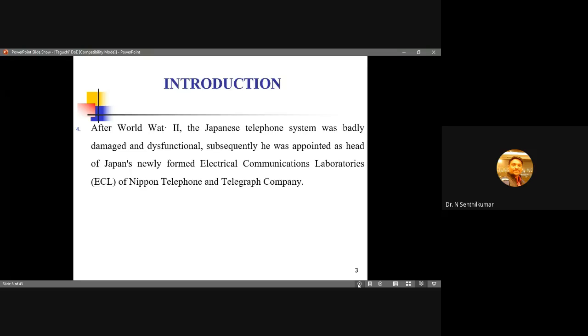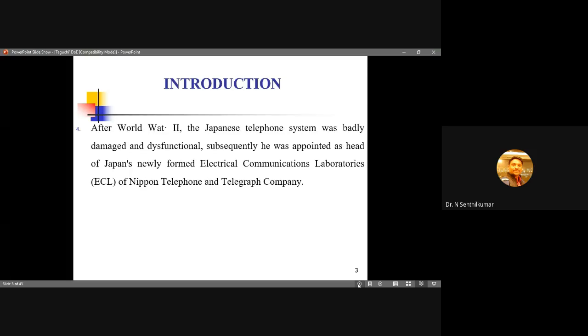There he coined the term signal to noise ratio. These two terms, signal and noise, are mostly used in electrical and electronics, but in engineering, everything is the same.